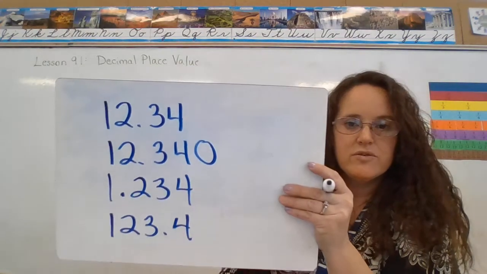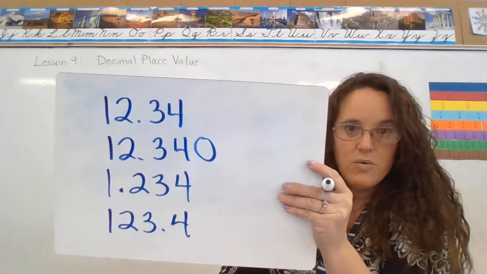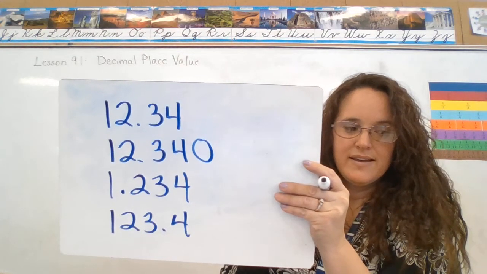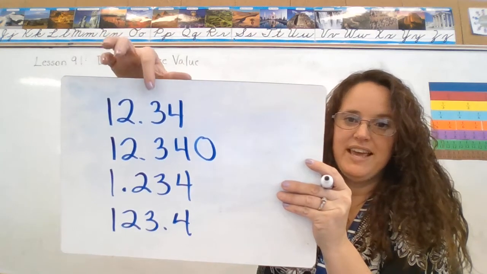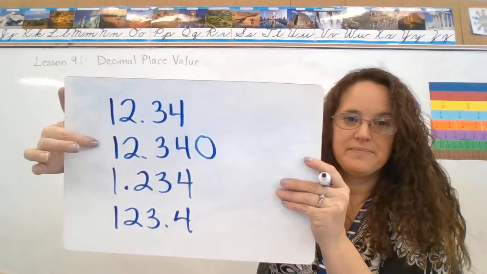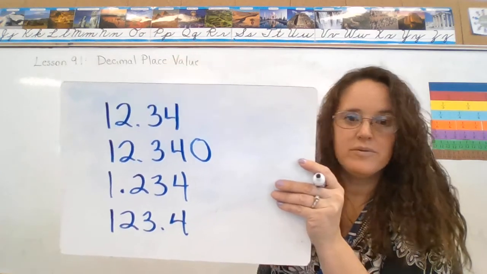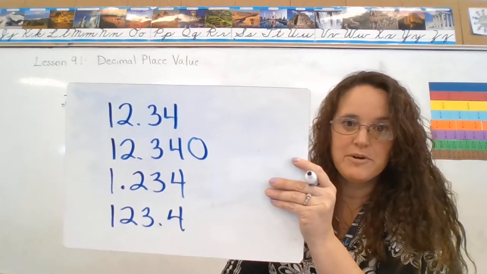So which of those two numbers are equal? Did you say the first one and the second one? That would be correct. These two are equal because this 0 doesn't change the value of the number at all.